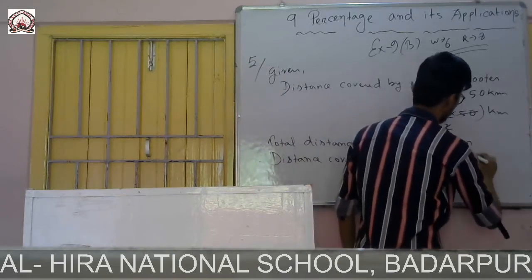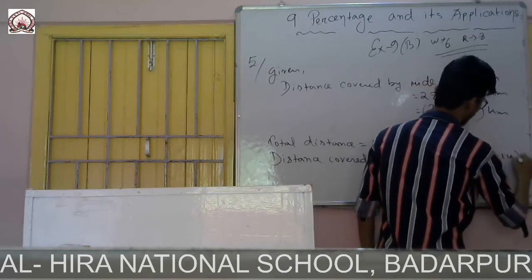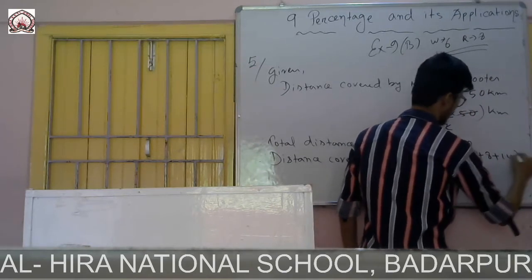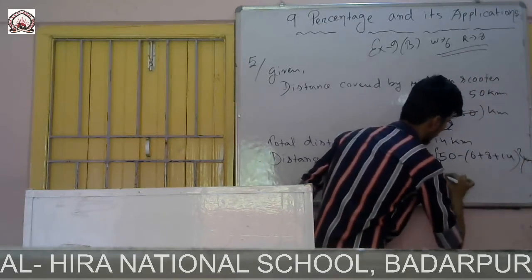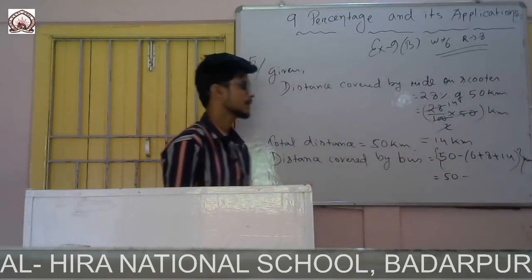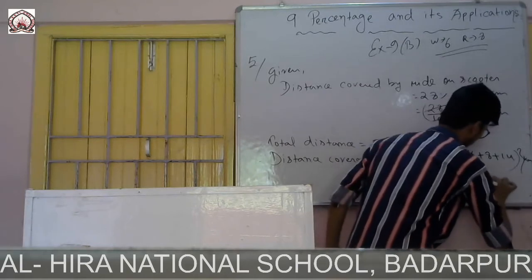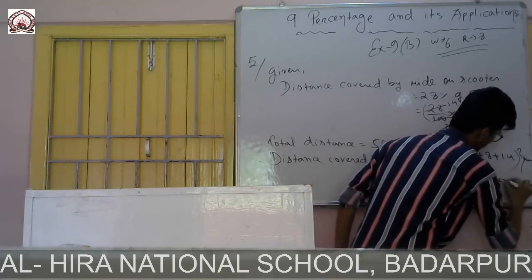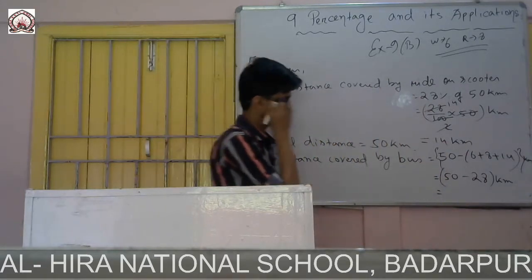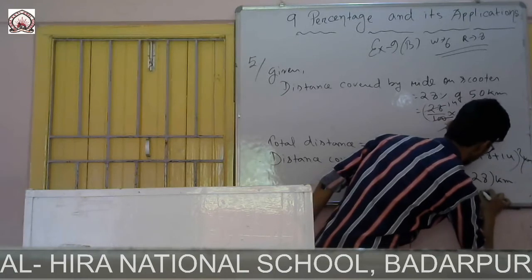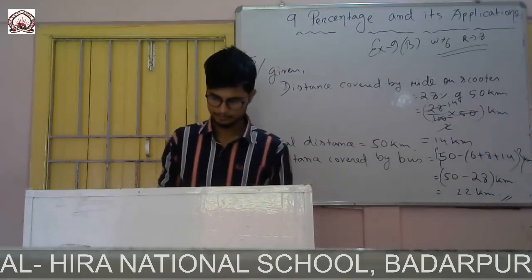First one was 6, then 8 and then 14. Give a bracket and give kilometer here, the unit should be there. So 50 minus 6 plus 8 plus 14, so 14 plus 8 plus 6 is 28 kilometers. So 50 minus 28 is 22 kilometers. So the answer is 22 kilometers.